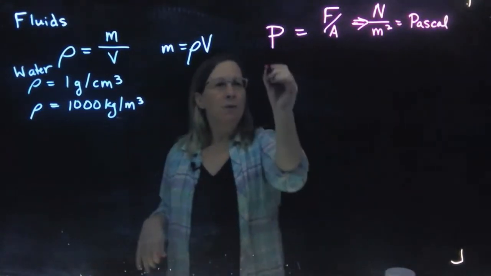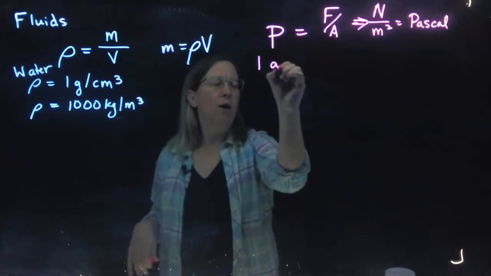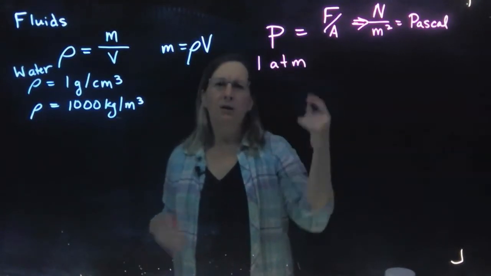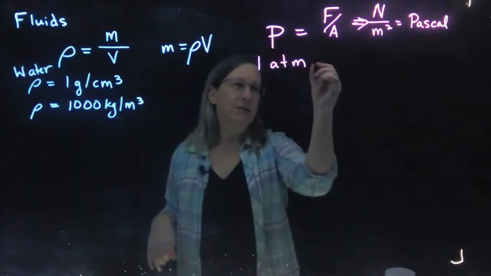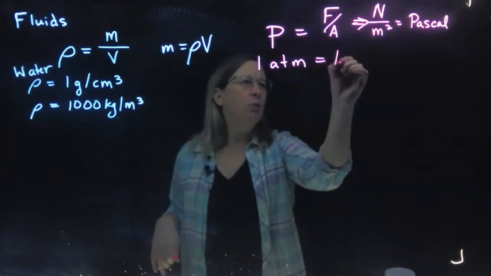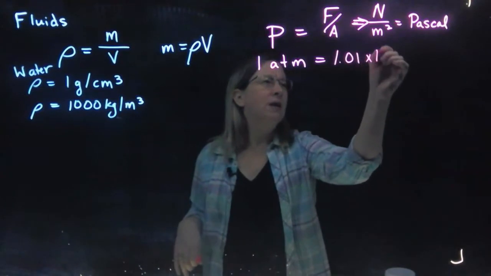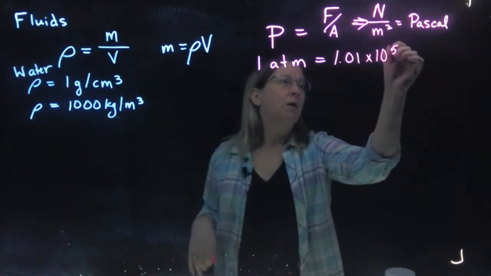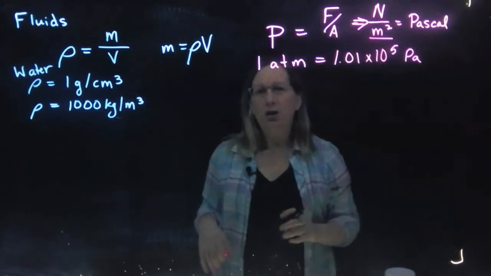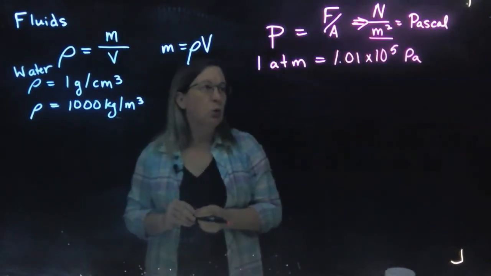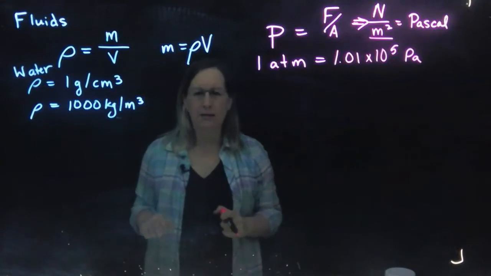So you may be used to units of, say, 1 atmosphere. And that's basically the pressure we experience most of the time because we're at sea level. That is equal to 1.01 times 10 to the 5th pascals. Okay, and again, this just keeps us in newtons per meter squared. So this keeps us in the MKS system.